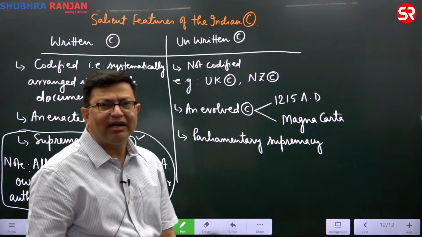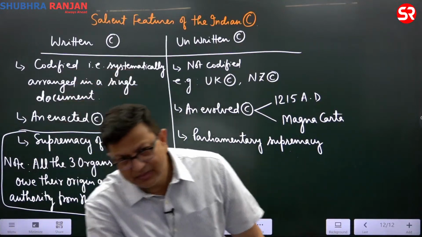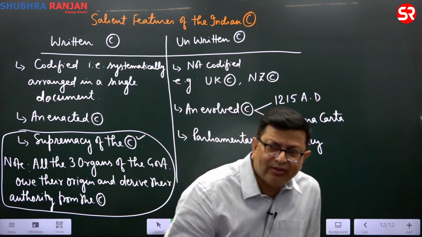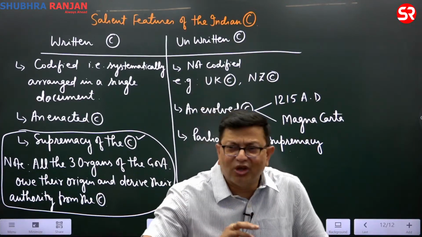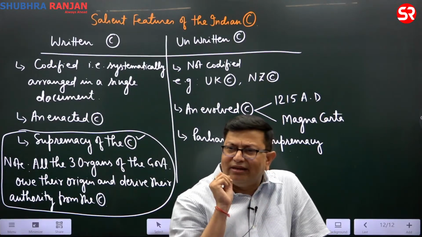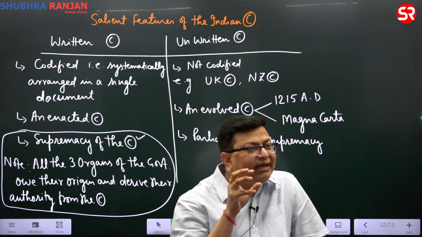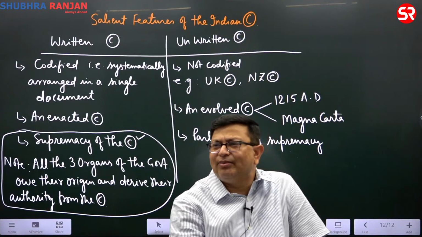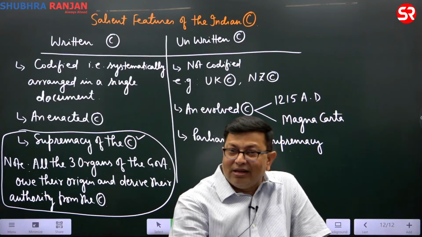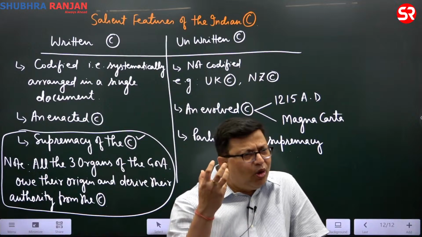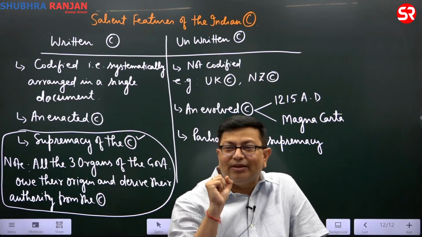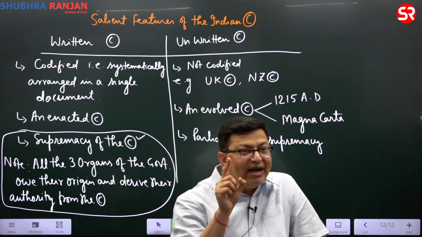when we say parliamentary supremacy, it is one of the most important features of the British Constitution, because in Great Britain there was no authority called the Constituent Assembly. There was no such institution, and the Parliament took all the decisions itself. In our country, the Constitution provides for the Parliament.